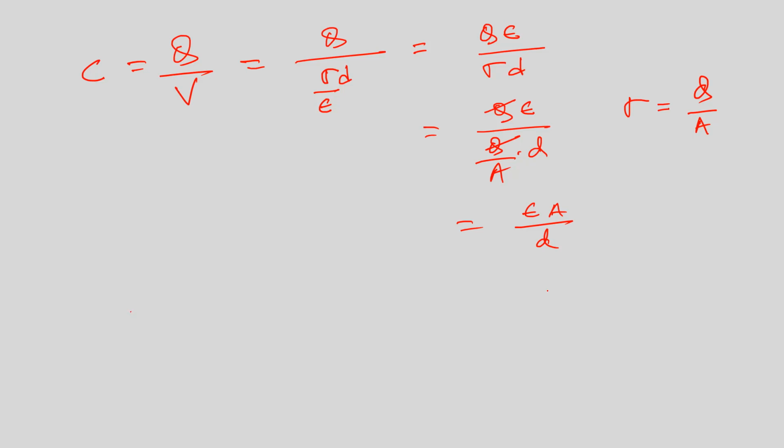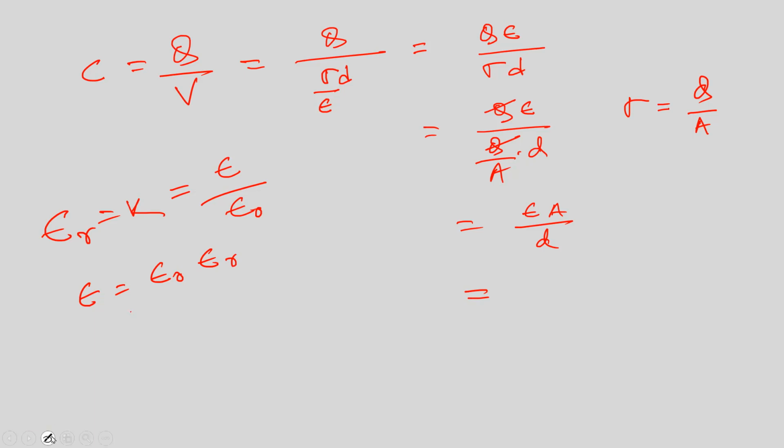Now, the relative permittivity epsilon r is equal to the dielectric constant, and it is equal to the permittivity of the medium divided by the permittivity of free space. So epsilon equals epsilon naught multiplied by epsilon r. Let me substitute the value.